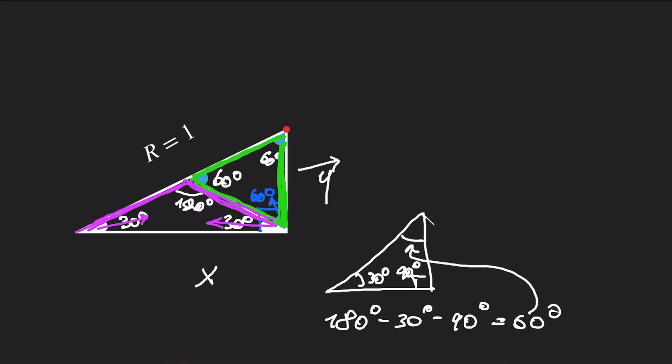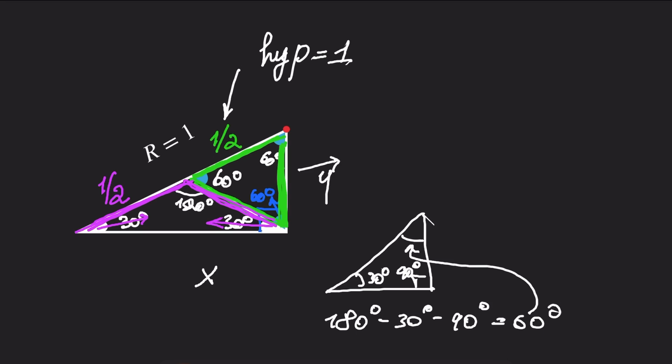So if I know that the hypotenuse, the longest side of this triangle, is equal to 1, since the radius of a circle is equal to 1, then if I split this exactly into 2, since the green side is equal to the purple side, the length of this side is going to be equal to 1 over 2. The length of this side is also equal to 1 over 2, since they are equal.